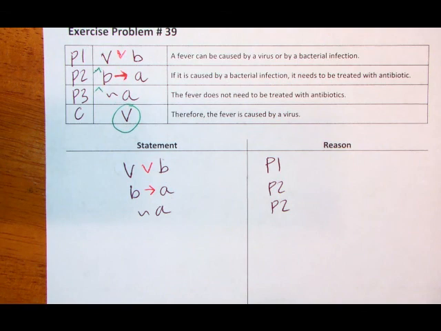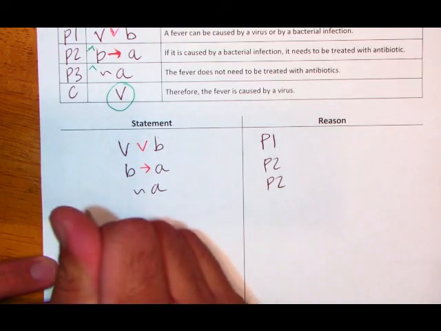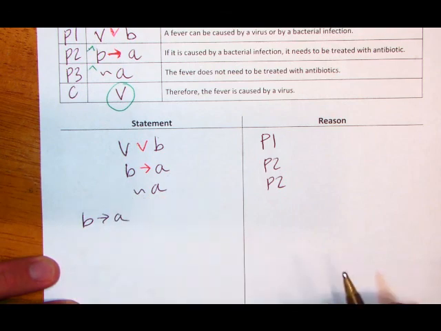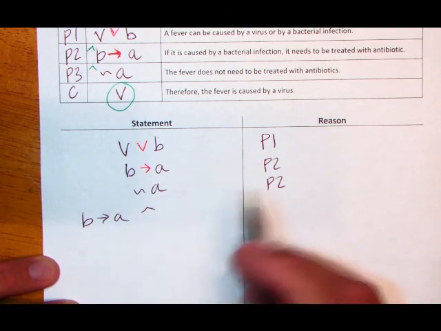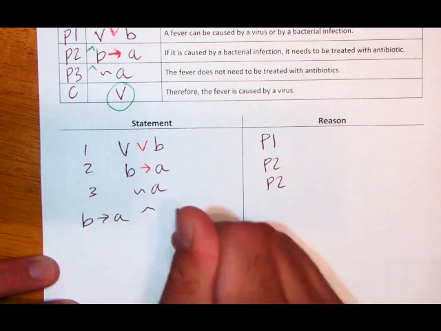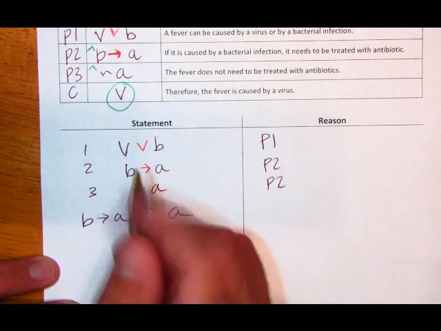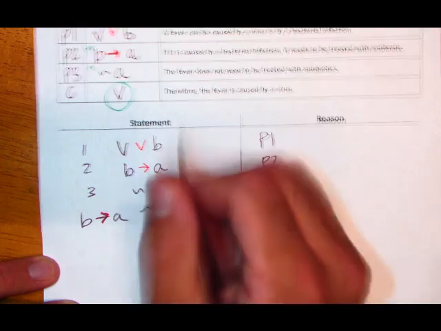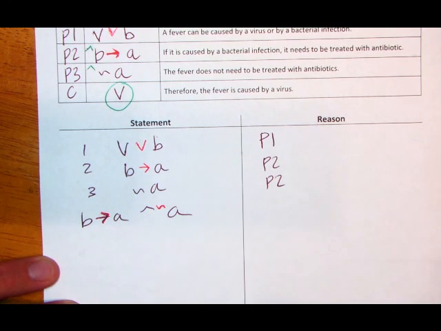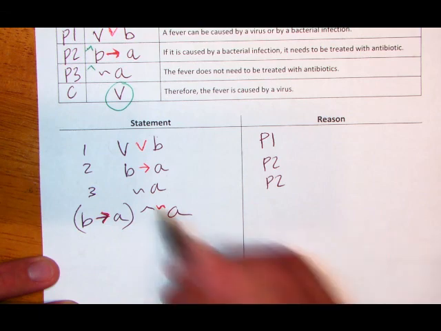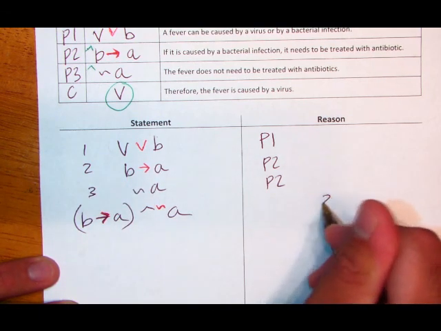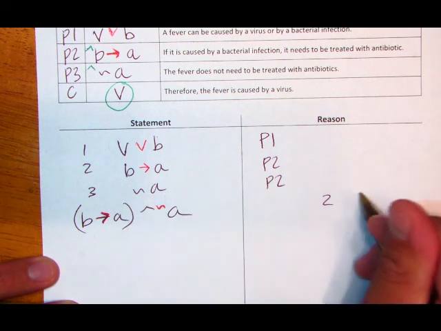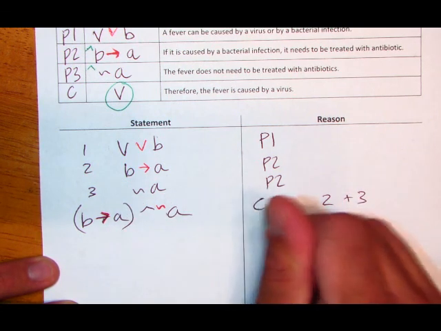So I'm going to go ahead and start with the conditional statement, if B then A. And I'm going to combine that with premise 3, I'm sorry, that is not A, negation A. So what you see here is I've taken premise 2 and premise 3, and I've simply combined them using a conjunction.